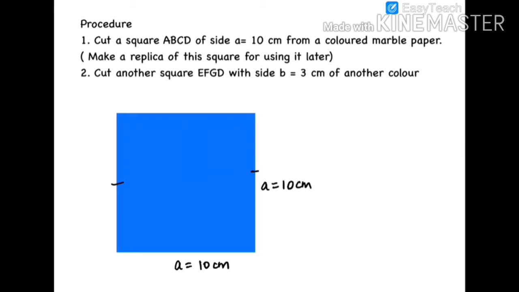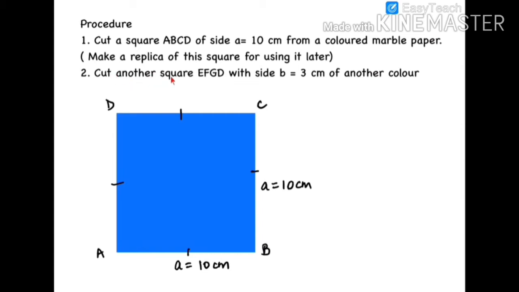A square has all its sides equal. Let's name the square ABCD. Make a replica of this square for using it later. I have used blue, you could use any other color, but you have to cut two identical squares of side 10 centimeters using the same colored marble paper, and keep the second square aside.